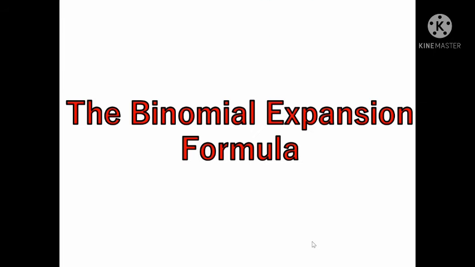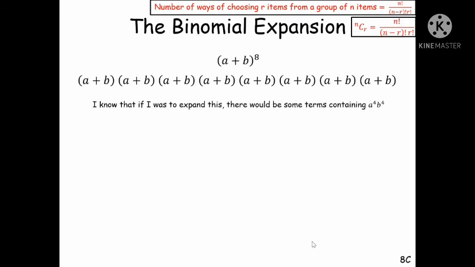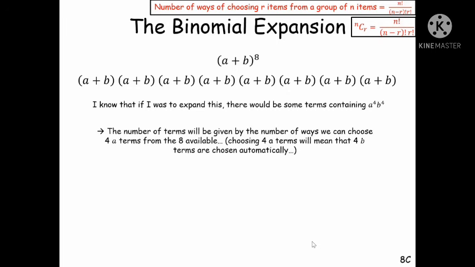Now, the binomial expansion formula, the one we're going to develop in this section, is the following. We have (a + b) to the 8, which is all of those brackets, 8 times. If I was to expand this, there will be some terms containing a to the 4, b to the 4. The number of terms will be given by the number of ways we can choose 4 a terms from the 8 available.